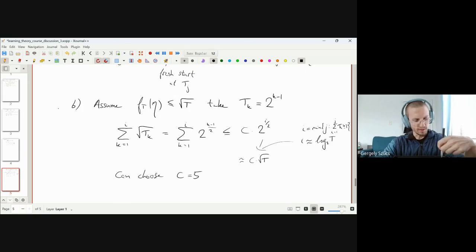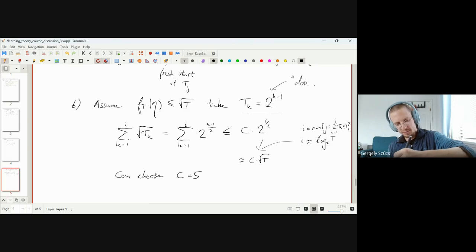Right, so I guess this gives us an improvement of explore-then-commit, which the way we defined it in the lecture was dependent on the time horizon, and then you can use this. It's sometimes called a doubling trick because we're running the algorithm for double the amount of time each time.